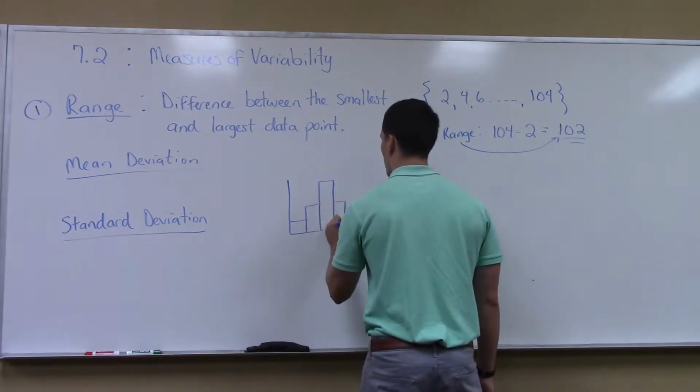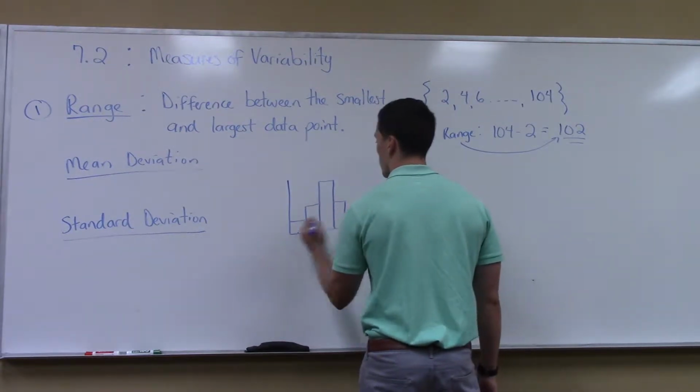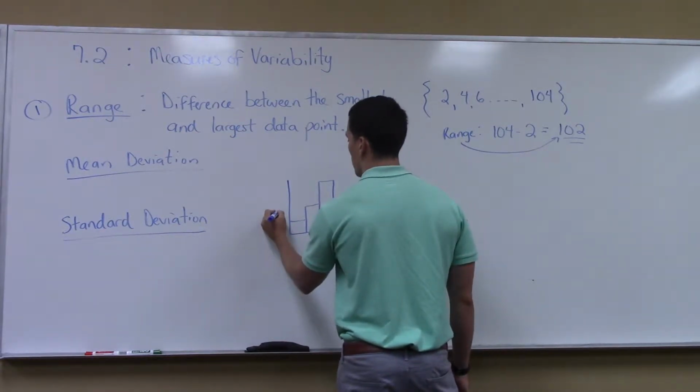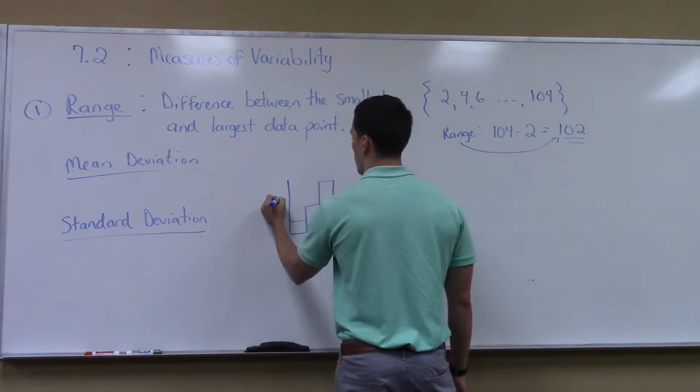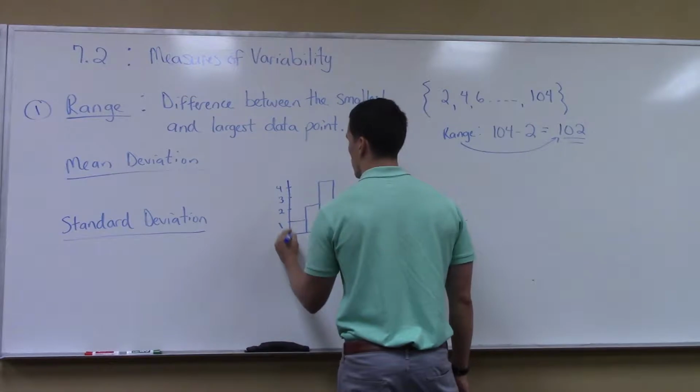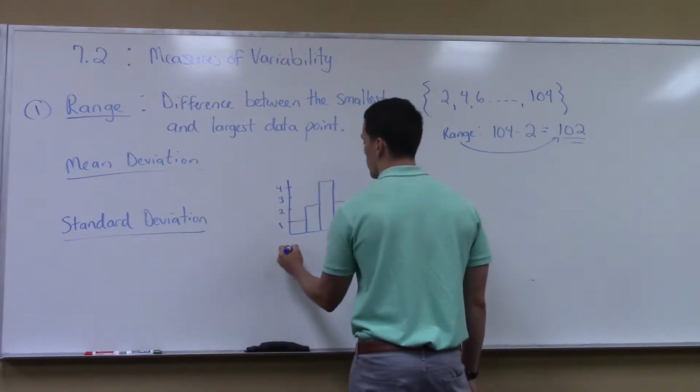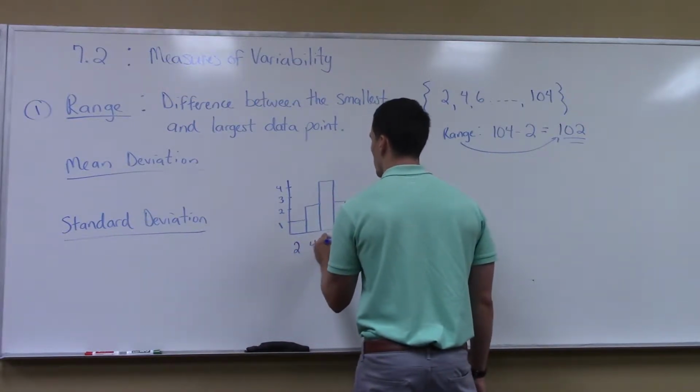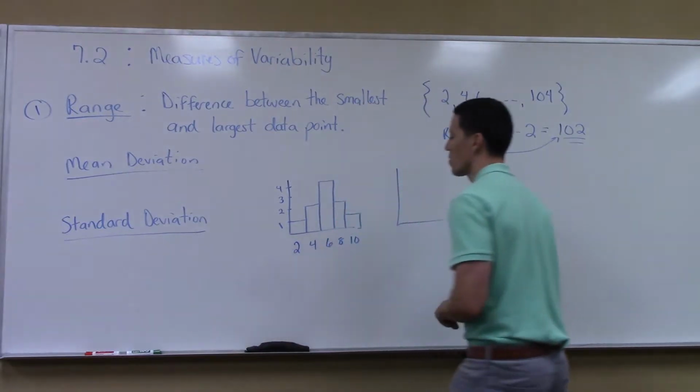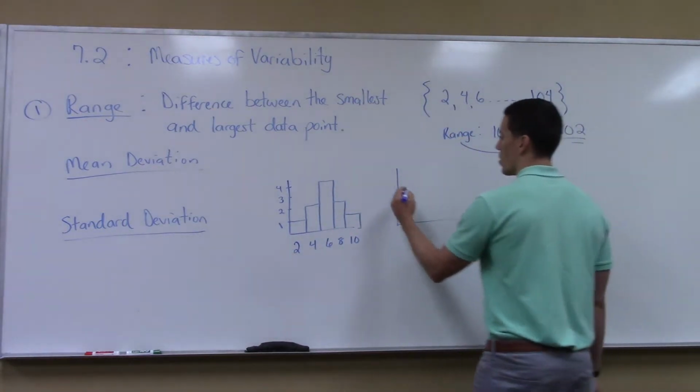So I'm going to give you a couple of different graphs here. Let's say this is 1, 2, 3, and 4, and let's say this is the numbers 2, 4, 6, 8, and 10. And then let's do another graph here.